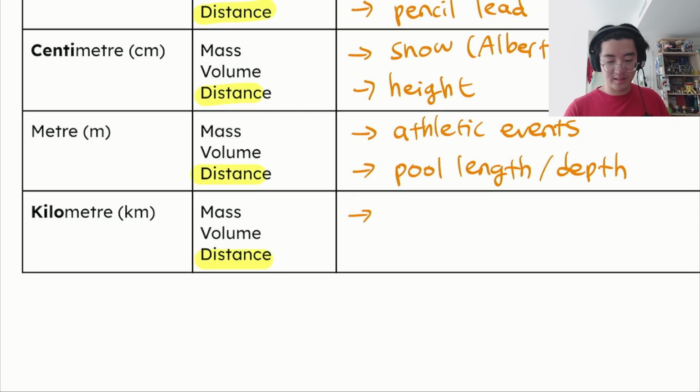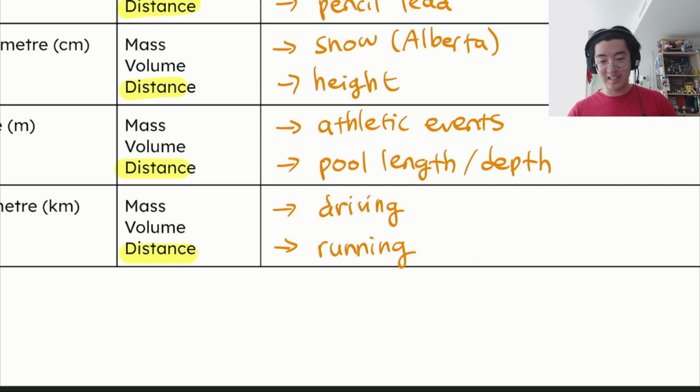Kilometers are big. Things like driving. Driving from here to Abbotsford is probably, I don't know, how long would it be? 30, 40 kilometers? I don't know. Probably. Or like running. Of course, as Canadians, we use time.